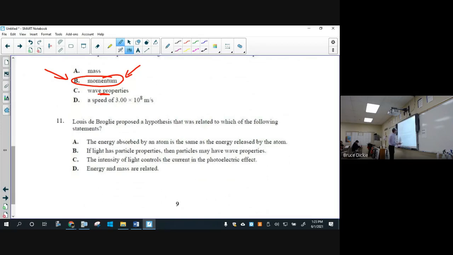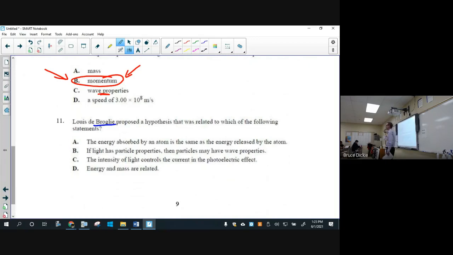Louis de Broglie proposed a hypothesis that was related to which of the following statements? What did he say? Remember, I said yesterday, really remember two things from this. If waves can have particle properties, then particles can have wave properties.